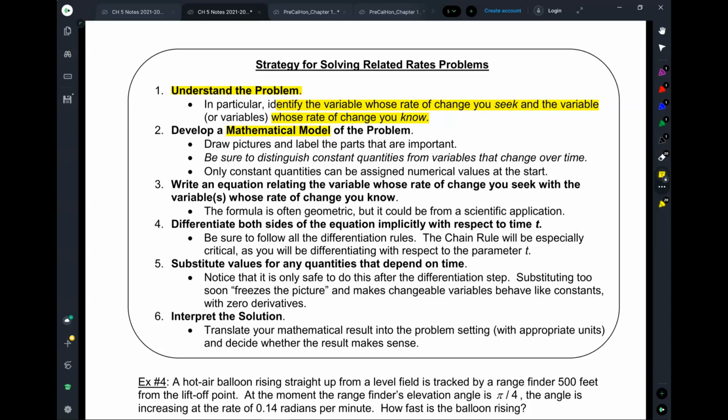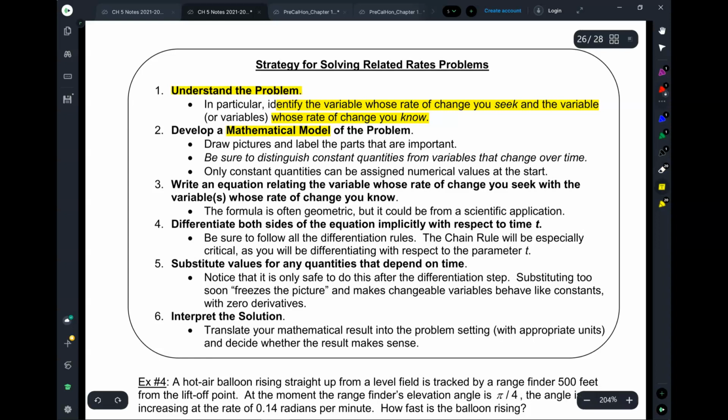Develop a mathematical model. What is a model? Is it a picture? What's a mathematical model? It's the function. You start with a picture, right? But then you want to eventually go to a function that relates everything you have.